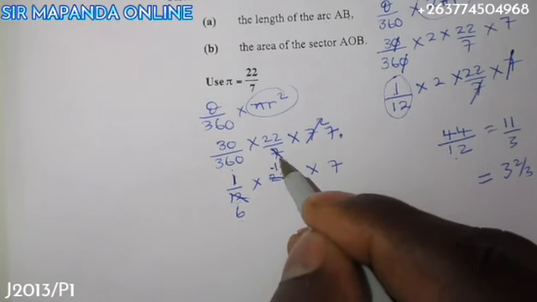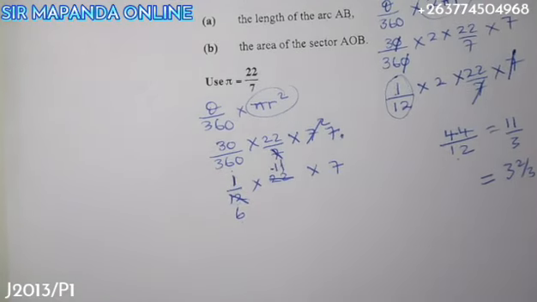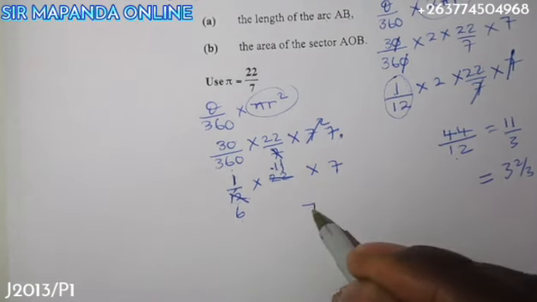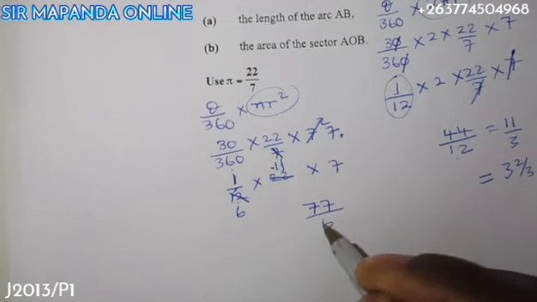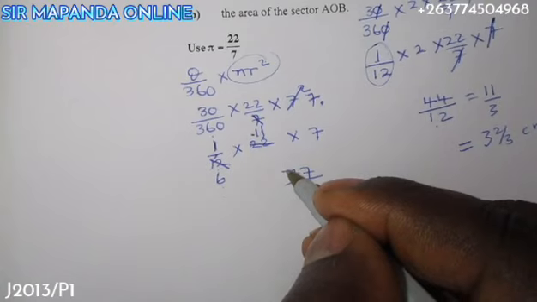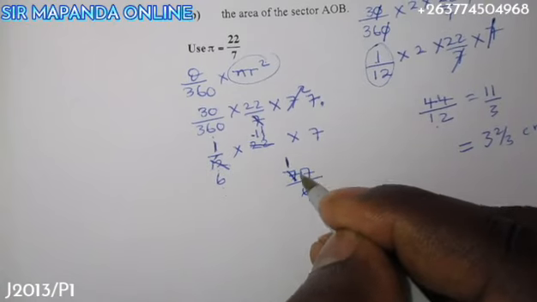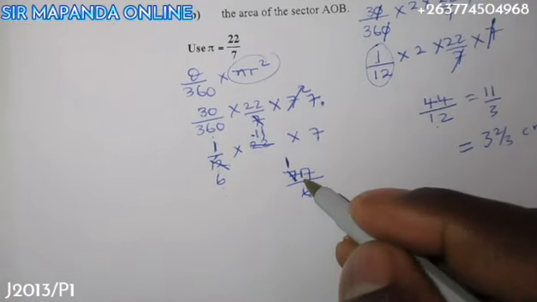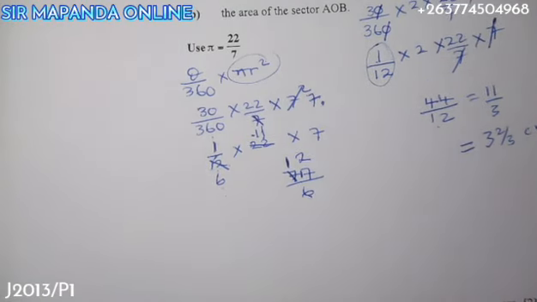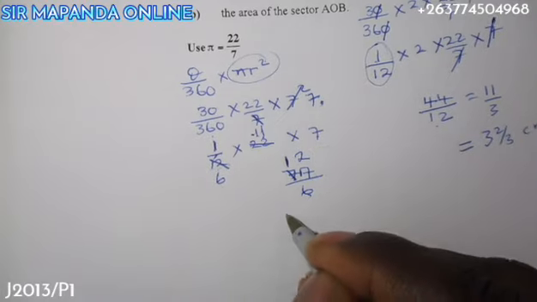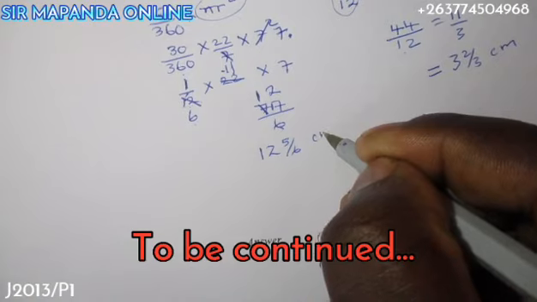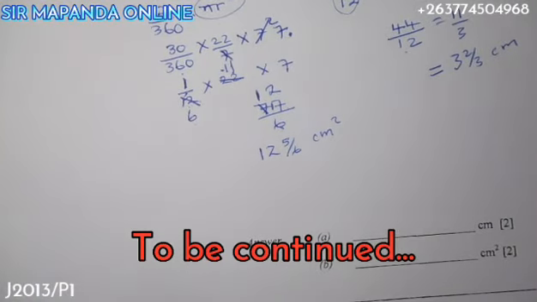Then 2 into 22, you get 11. So 1 times 11 times 7, it gives you 77 to be divided by 6. So 6 into 7, you get 1, remainder 1. Then 6 into 17, you get 2, but remainder 5. So your answer is 12 and 5 over 6 square centimeters.